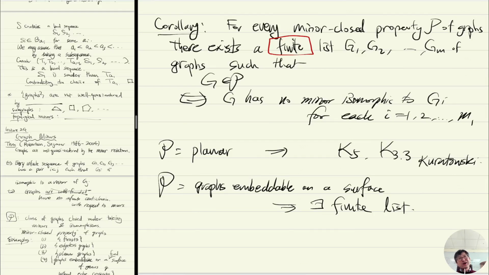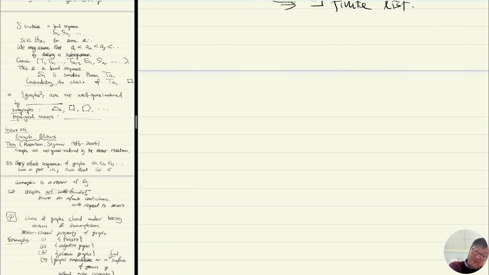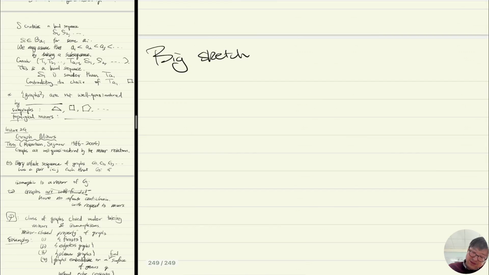So how does it work? We have seen that trees are well-quasi-ordered by topological minors. The sketch is built on, initially, Higman's lemma, and then Kruskal's theorem, right?